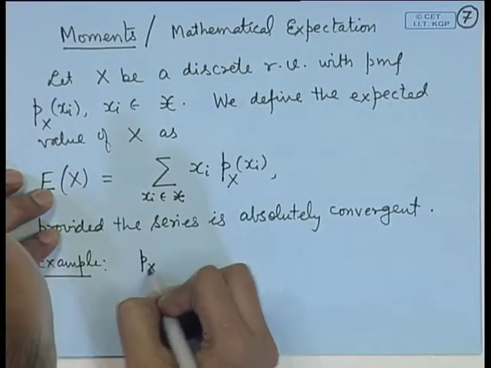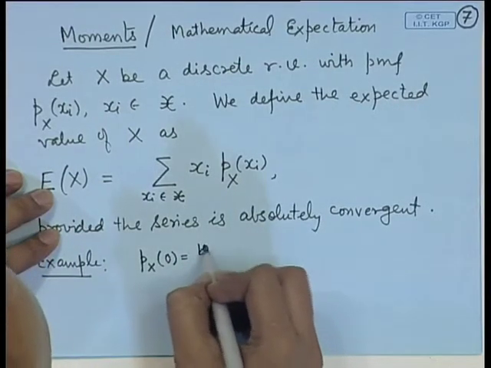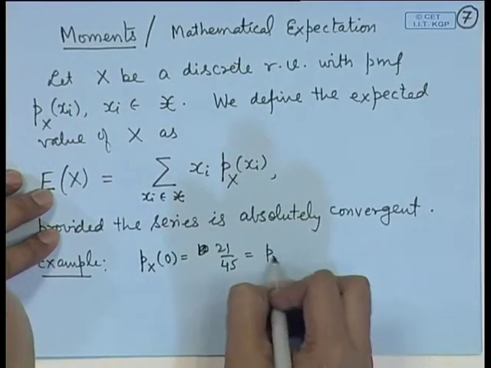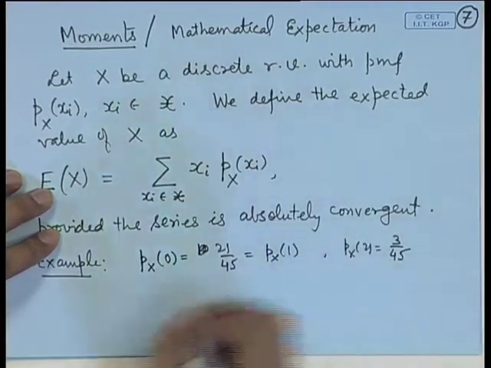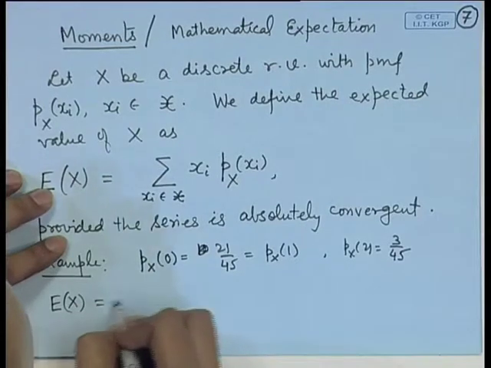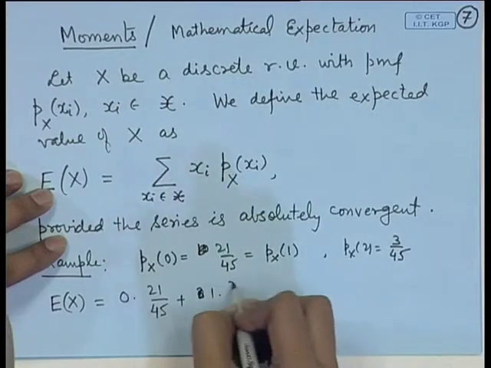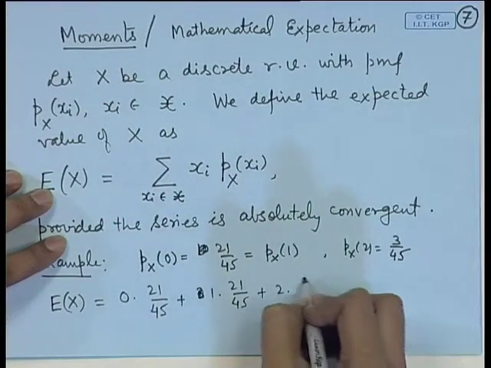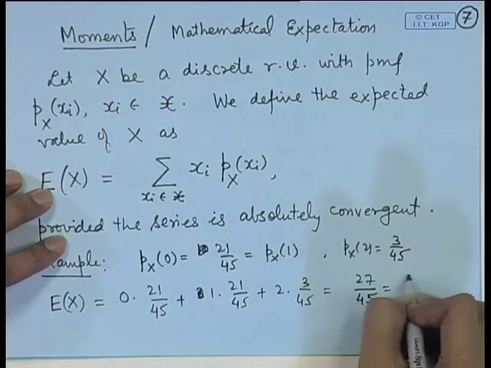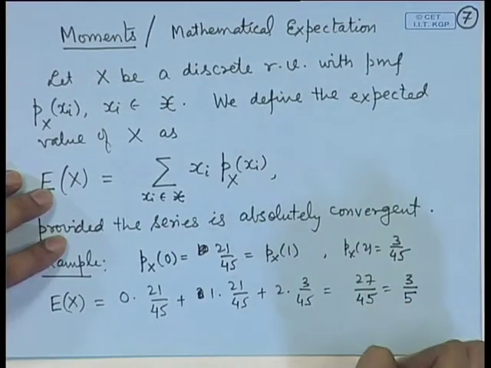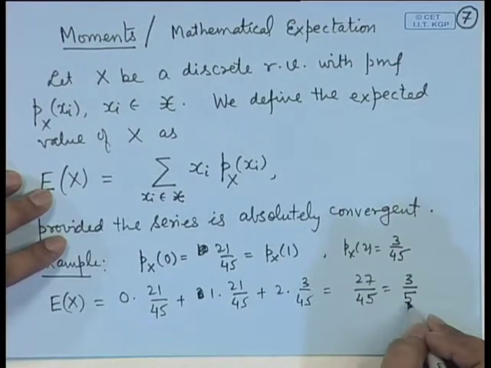In that example we had probability of x equal to 0 was 21 by 45, the same as probability of x equal to 1, and probability of x equal to 2 was 3 by 45. Let us look at expectation of x. That will be equal to 0 into 21 by 45 plus 1 into 21 by 45 plus 2 into 3 by 45. So, that is equal to 27 by 45 or 3 by 5. That means, on the average his purchase may include less than one defective computer.